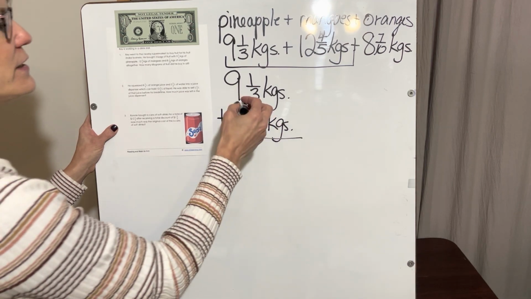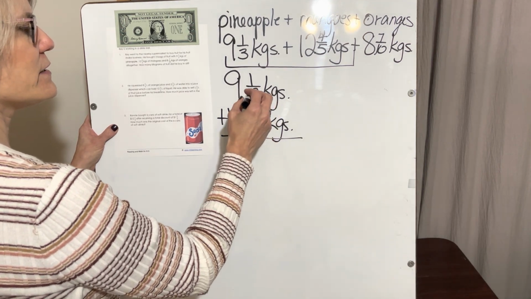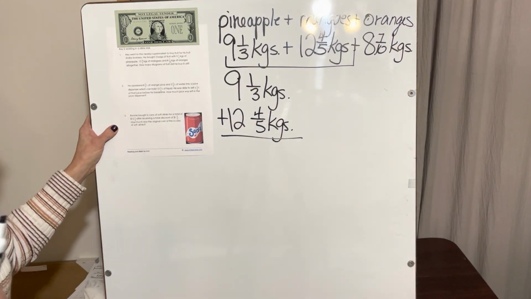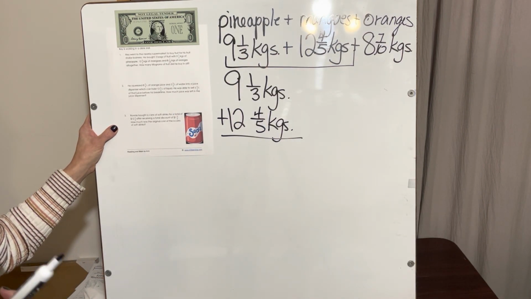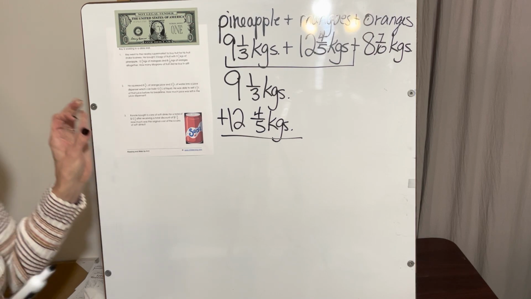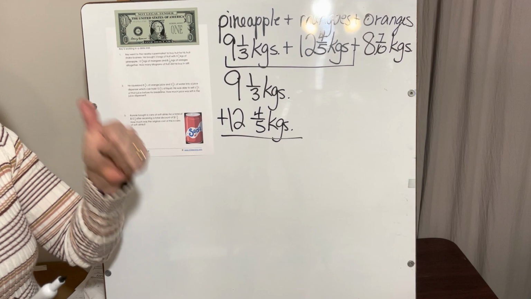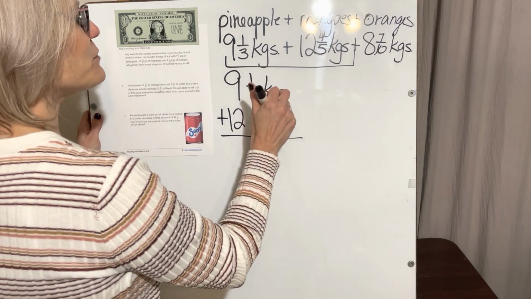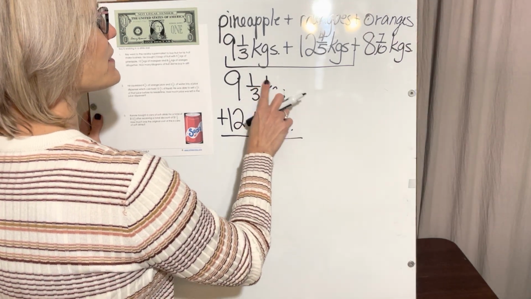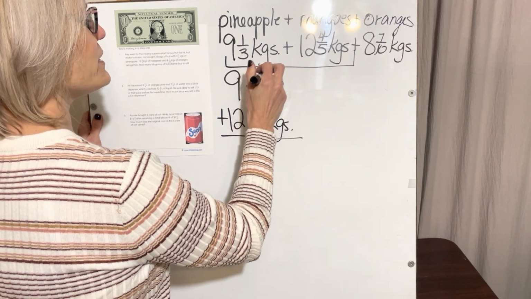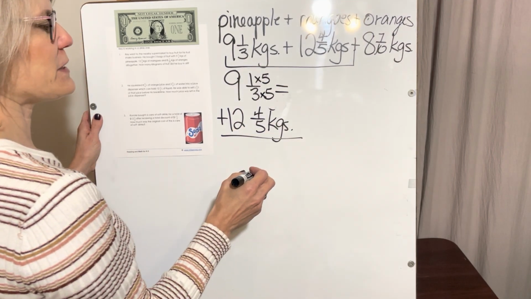So when I count by 3s, when I get to a 5 in the ones, then I know I've got my number. Okay? 3, 6, 9, 12, 15. 15. There we go. So that would be times 5. And what I do to the denominator, I have to do to my numerator.